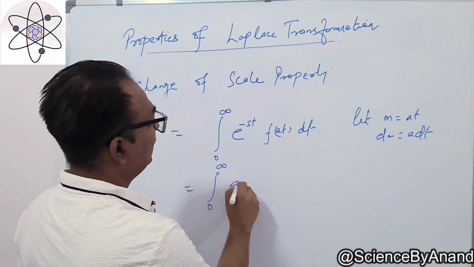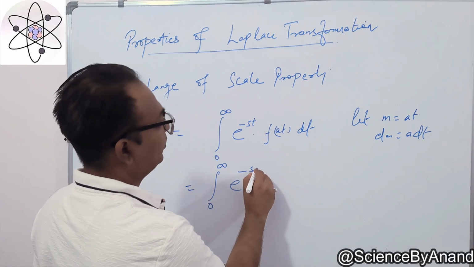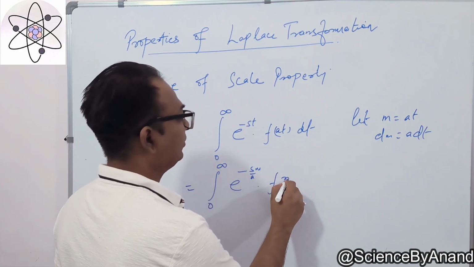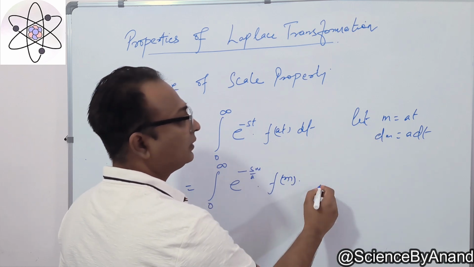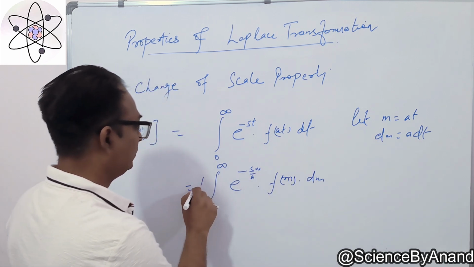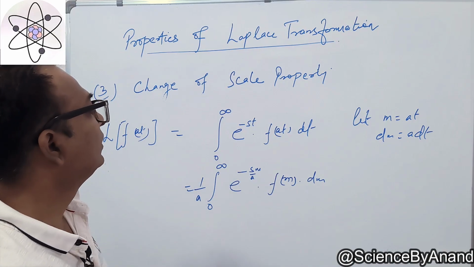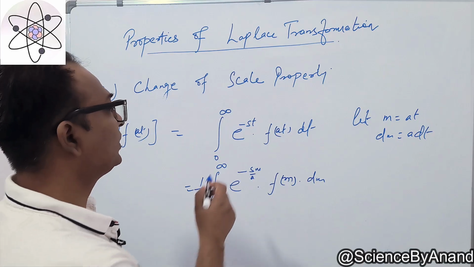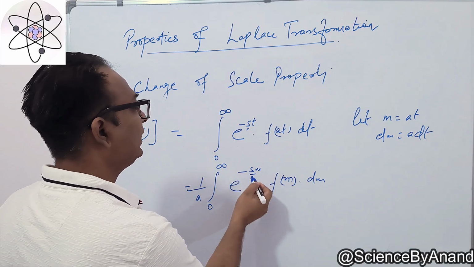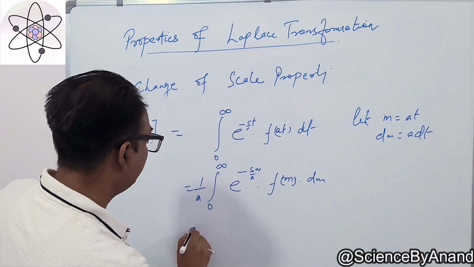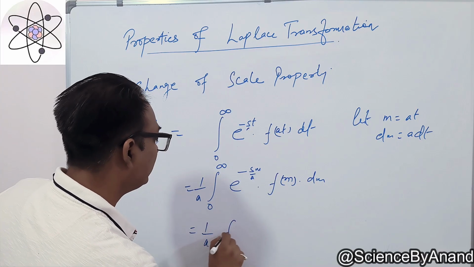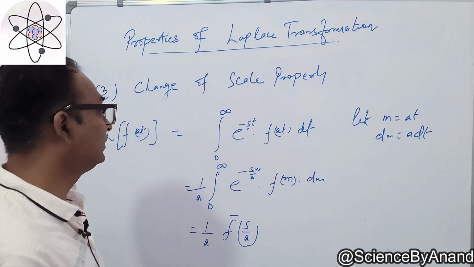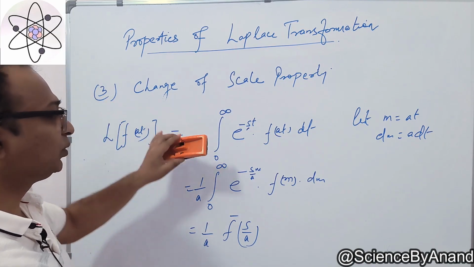So this will be e^(-s m by a), and this is f(m). dt is dm by a. I am taking 1 by a out. Now if you compare with the original equation, s by a is now s, and 1 by a is out of it. So this will be 1 by a times F(s by a). This is the property that we were just discussing. So we have proved it.